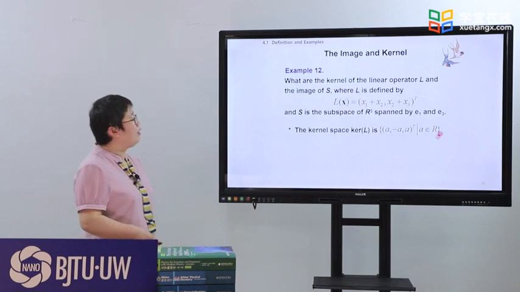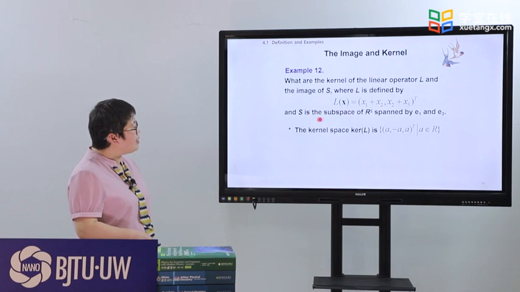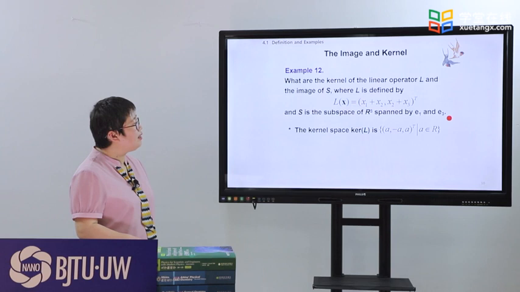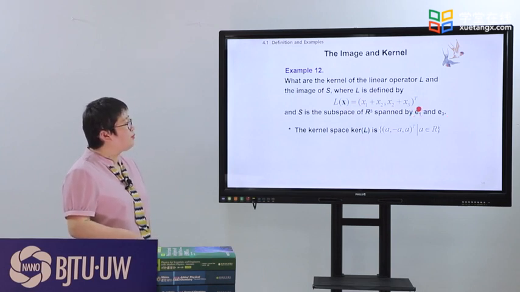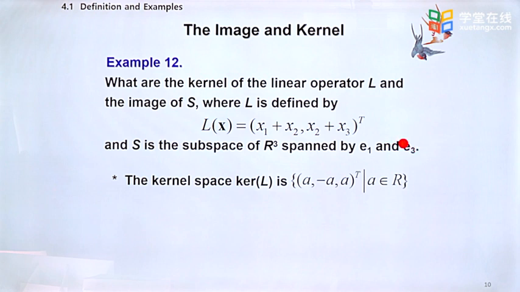Okay, and now consider S, because S is a subspace of R3 spanned by E1 and E3. So spanned by E1 should be like some scalar times (1, 0, 0), right? E3 should be some scalar times (0, 0, 1). So this means the first and third components of vectors in this subspace S can be arbitrarily chosen.